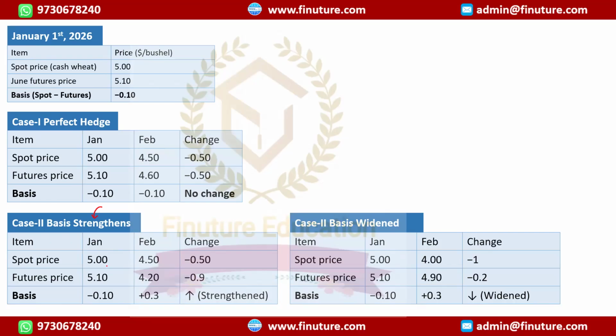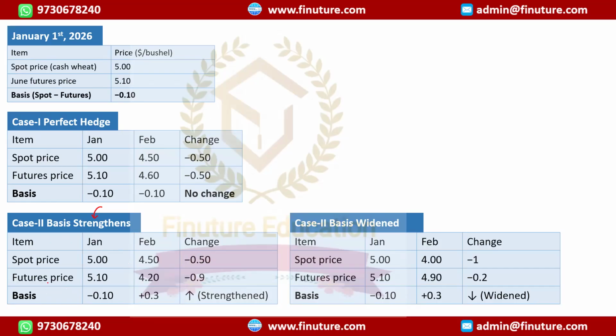Now let's look at this. In January, we saw that basis was minus 0.1. And if the spot price drops, now be very careful, this is a short hedger. If the price drops, had he not used the future contract to hedge, he would have lost 0.5 cents.